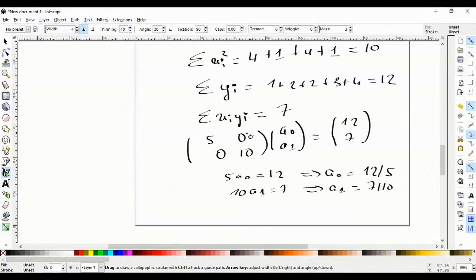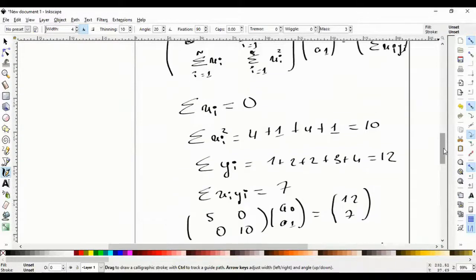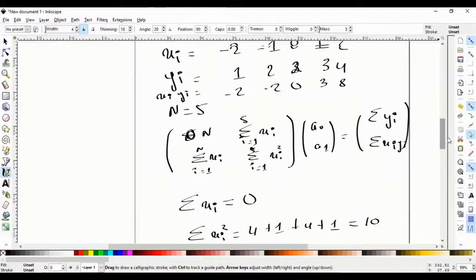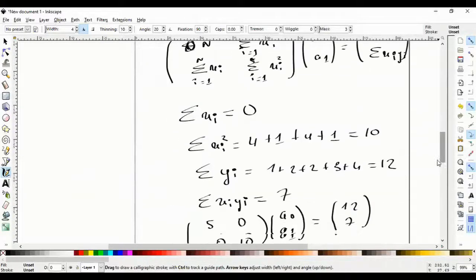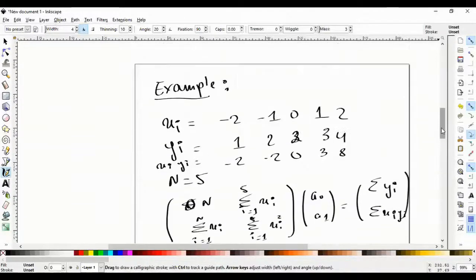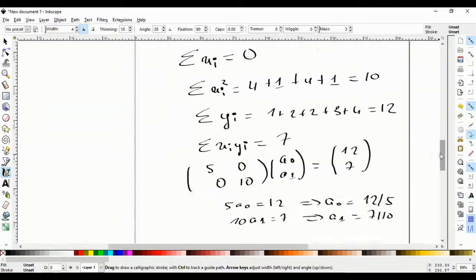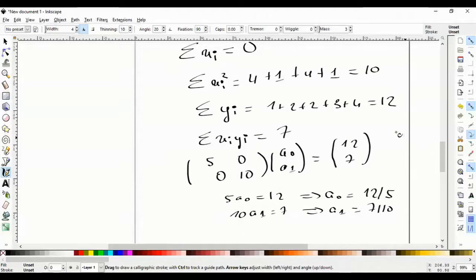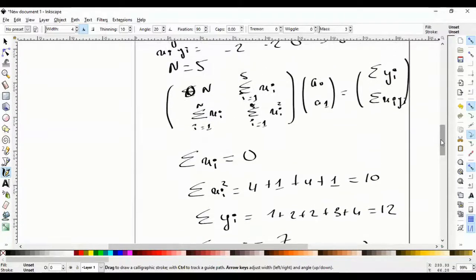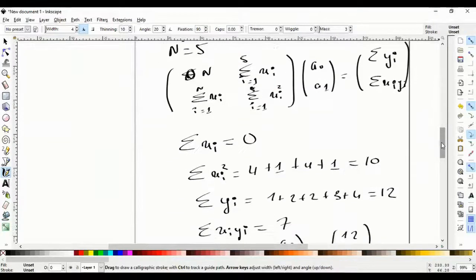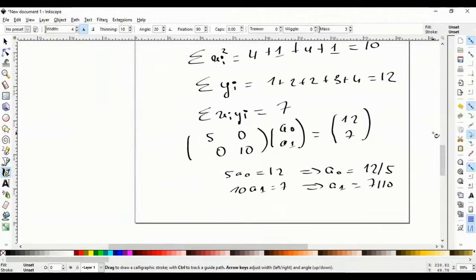Now, if you have something else here, then you need to solve the system of equations. As you see here, this is the difference between least squares, where I can fit with a line, for example, whereas for polynomial interpolation you would find the polynomial of order 4 here that is passing through these points. Here you can fit with a polynomial of order that is inferior to the number of points.